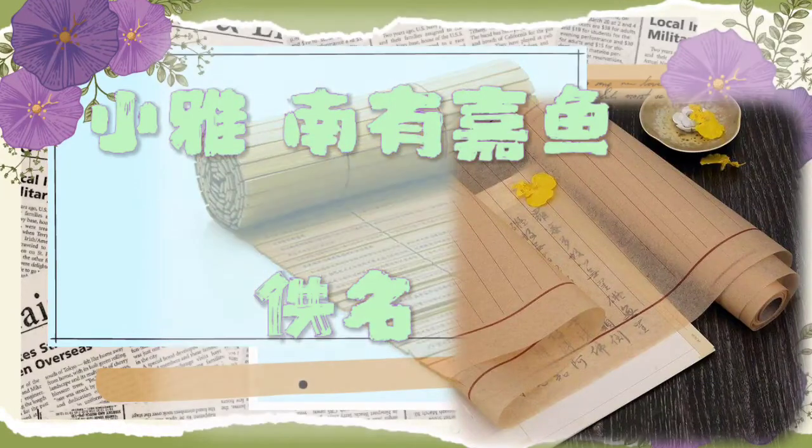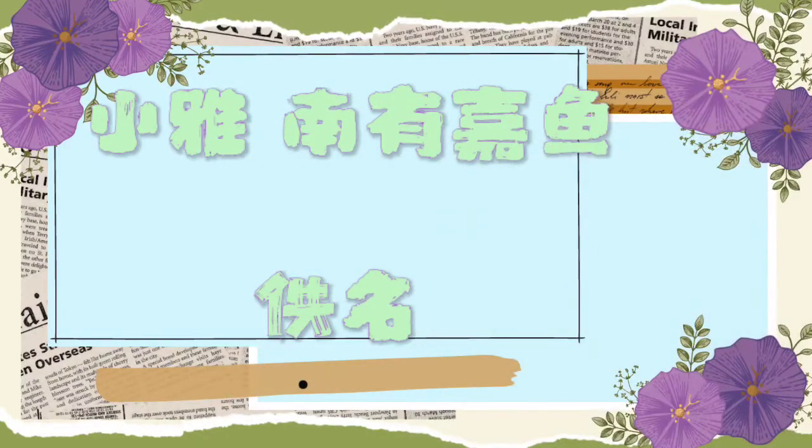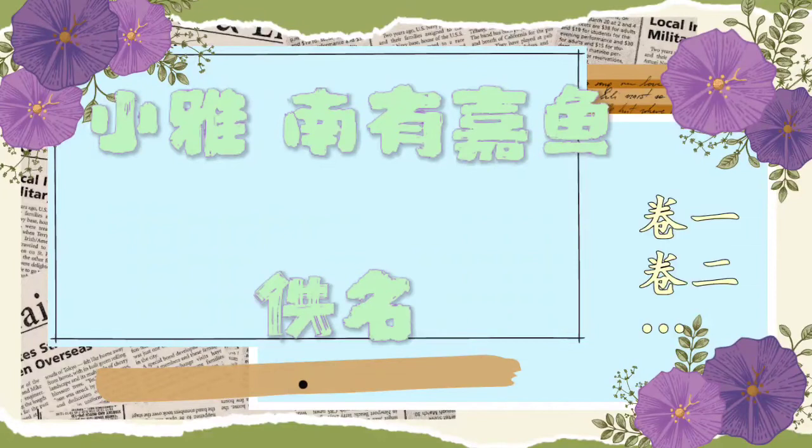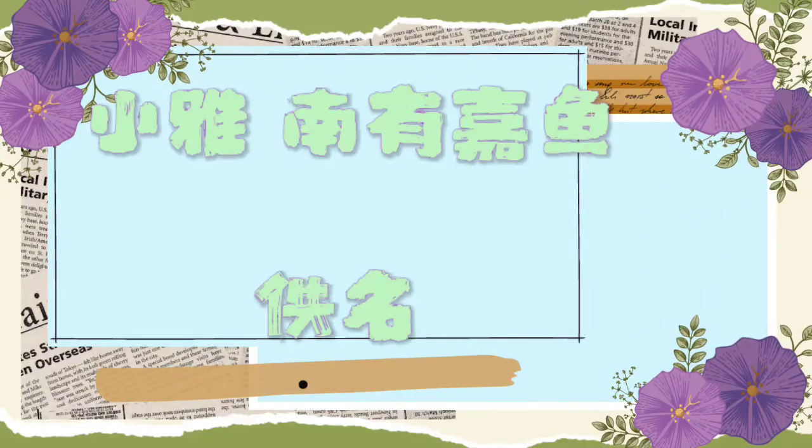If it's a very big book, it could have many rolls. 卷一, 卷二, 卷三, so in the Chinese term that tells you very clearly that if you buy a book, you will receive 3 rolls of bamboo, paper, or silk.